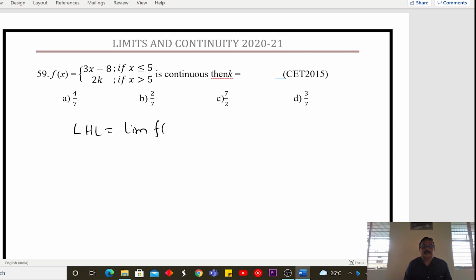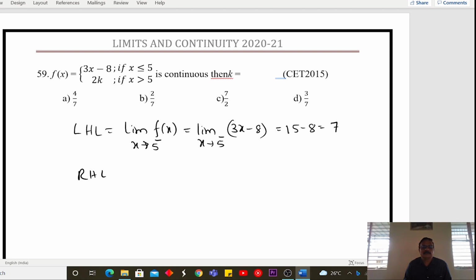Now LHL is the limit of f of x as x tends to a minus, the value of a is 5 minus. So limit x tends to 5 minus, select the function f of x such that x is less than 5, value 3x − 8. Put x equal to 5. 3 fives are 15, minus 8, that is 7.